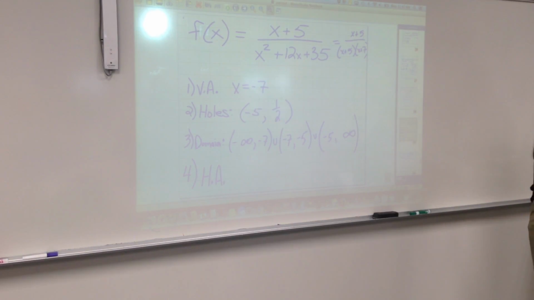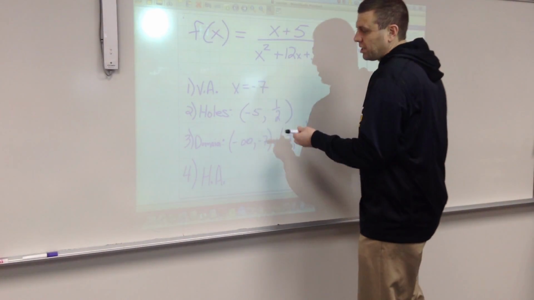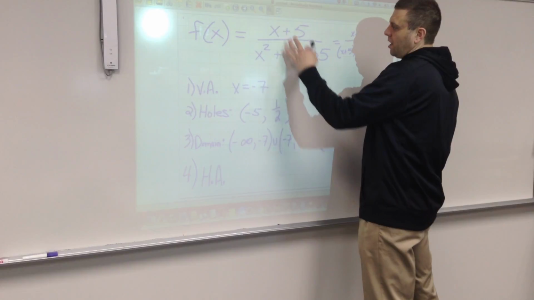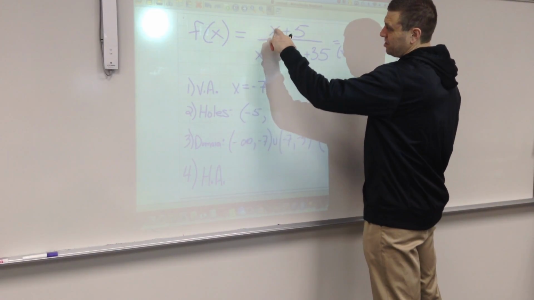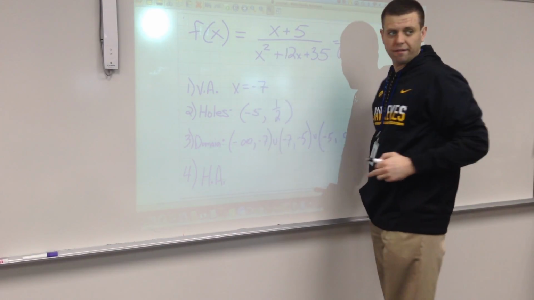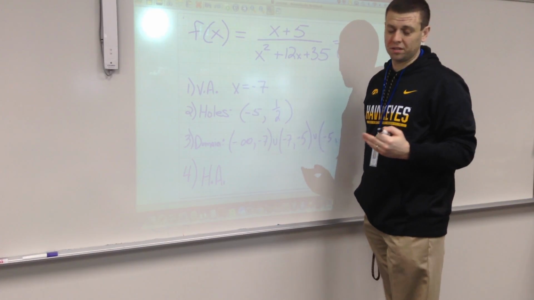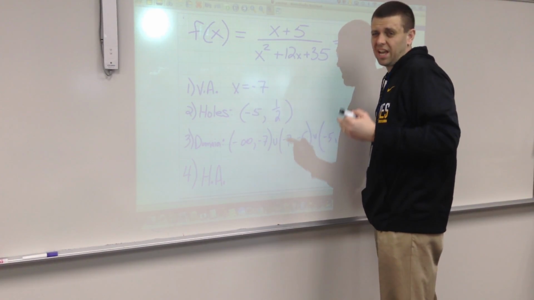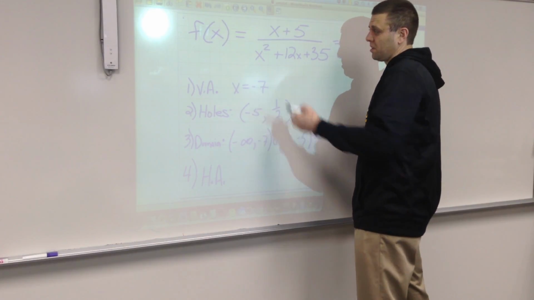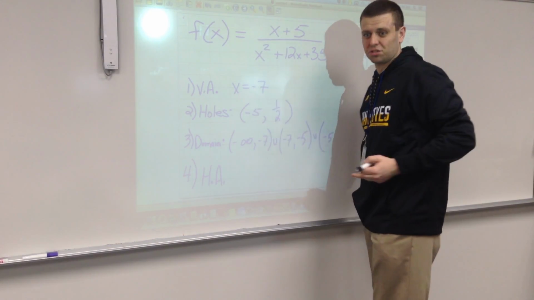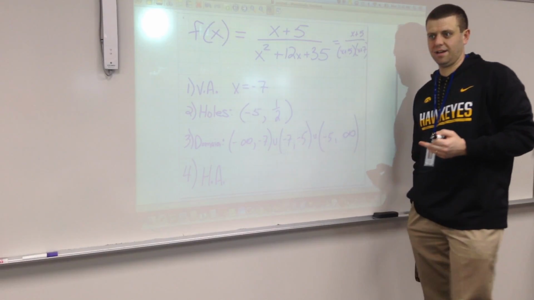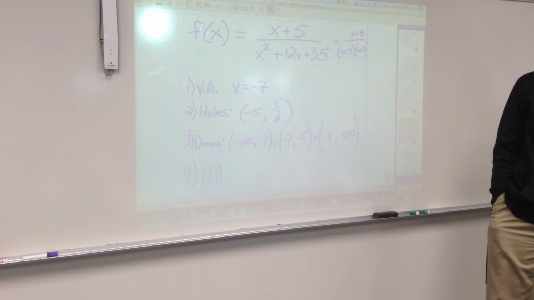How can you tell? It's got an x squared in it. Let's just take the number 10 for instance. I'll ignore the rest of this, because 10 divided by 10 squared is 10 divided by 100, or 1/10. That's a small number. Let's try a million. A million divided by a million squared is 1/1,000,000th. That's a pretty tiny number.